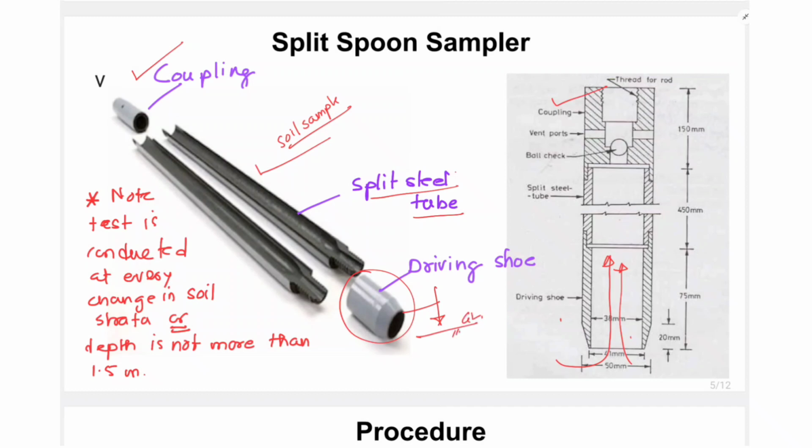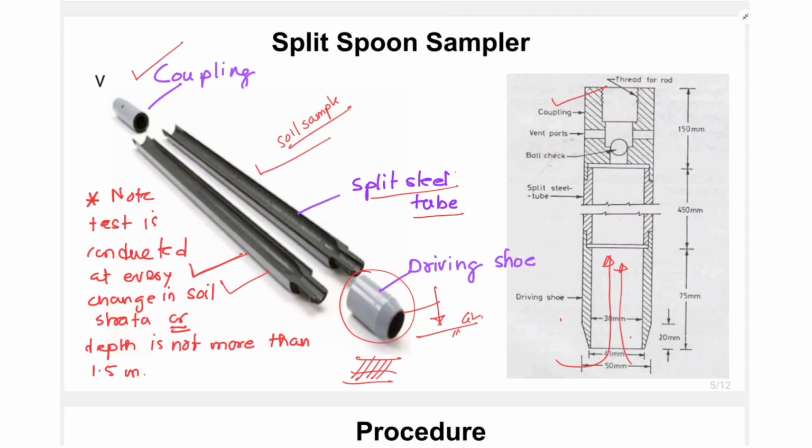Now there is a rule as per the guideline that the test will be conducted at every change in the strata of the soil. We have to carry out this standard penetration test at every change in the strata of the soil.